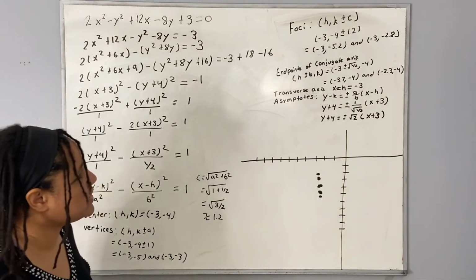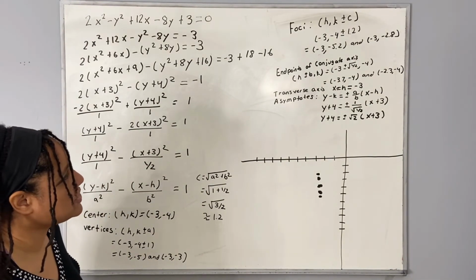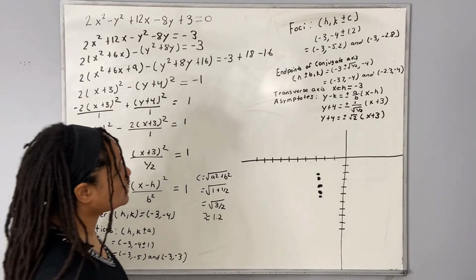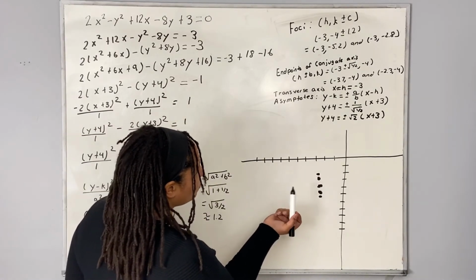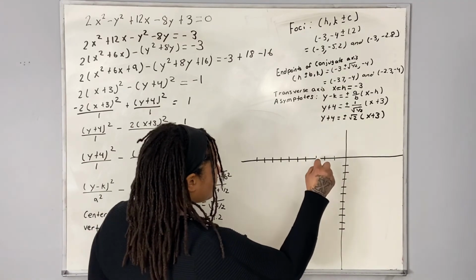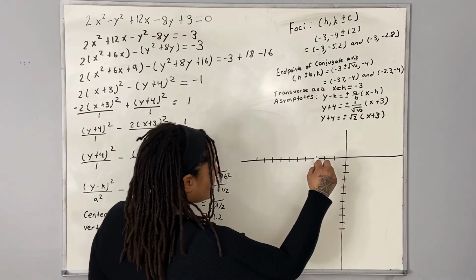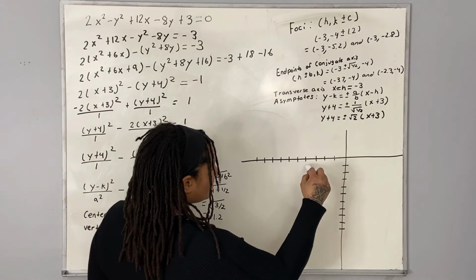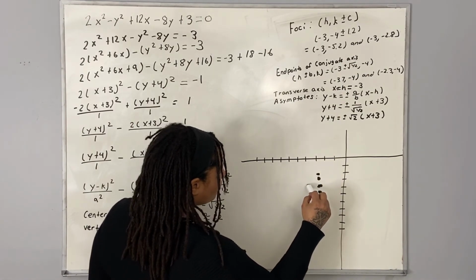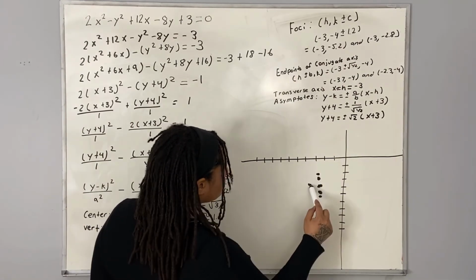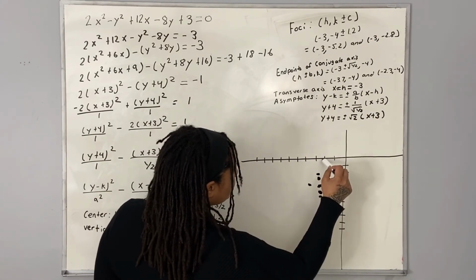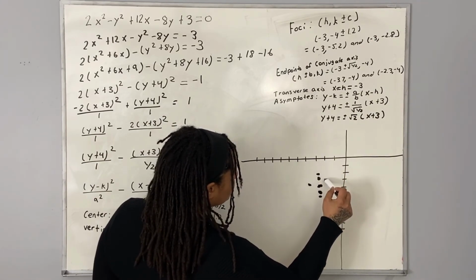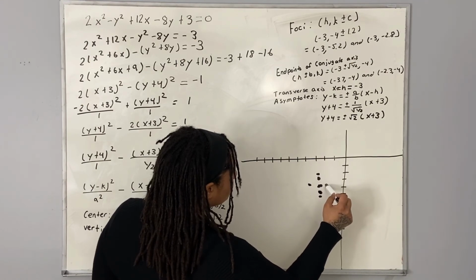And now we're going to find the endpoints of the conjugate axis. So that's going to be (-3.7, -4). So here we're at -3, and 3.7 will be here, and we come down 4. And we have another one that will be about right here, and we're going to go down 4.